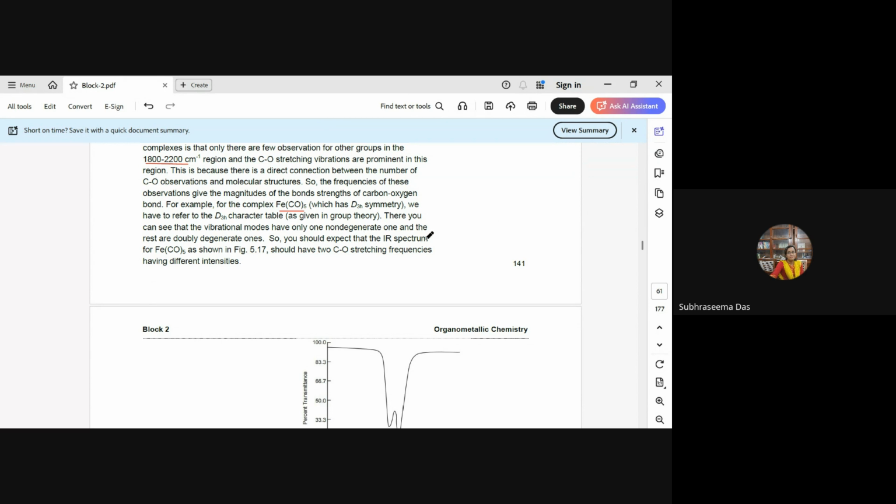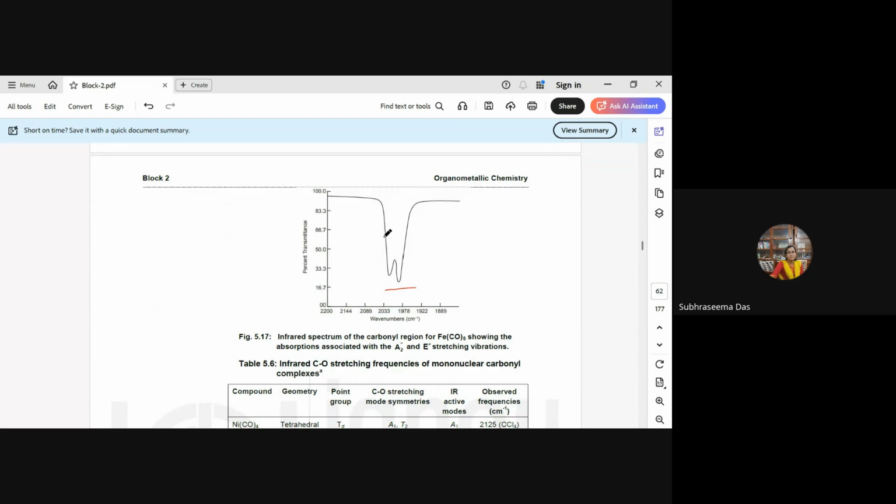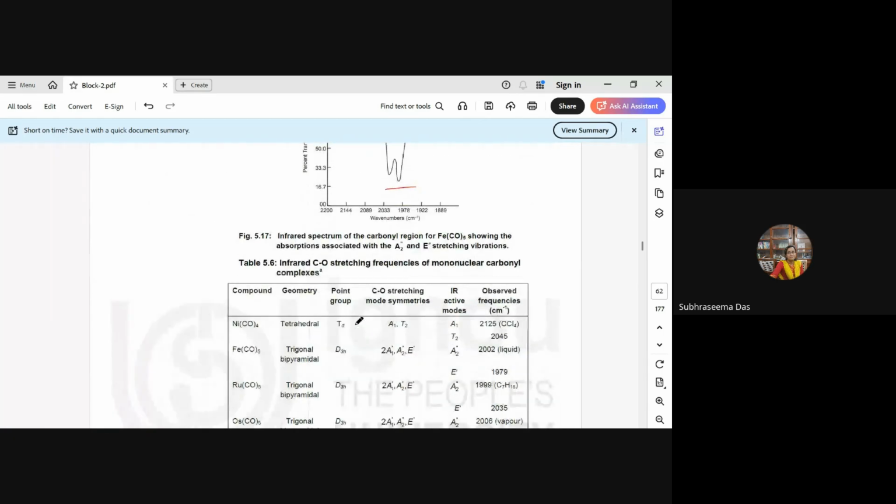So we expect that the IR spectrum of Fe(CO)5 should show two CO stretching frequencies having different intensities. When we look here, this is the IR spectrum of Fe(CO)5, and it shows the two different types of symmetries: one non-degenerate, and the remaining doubly degenerate.